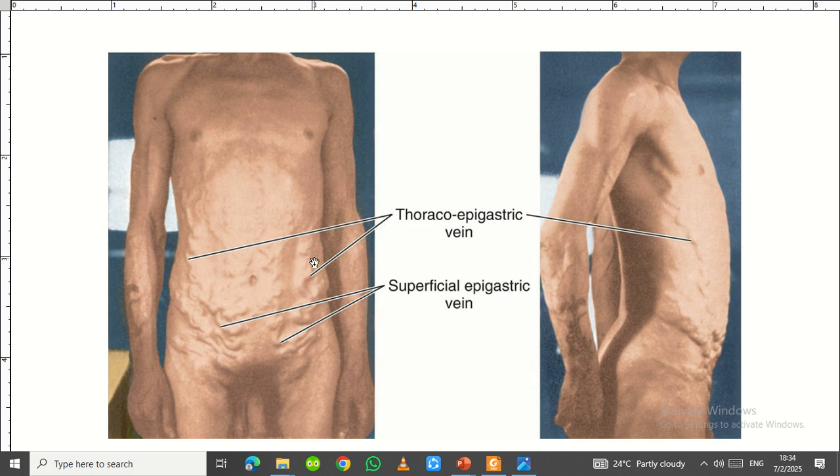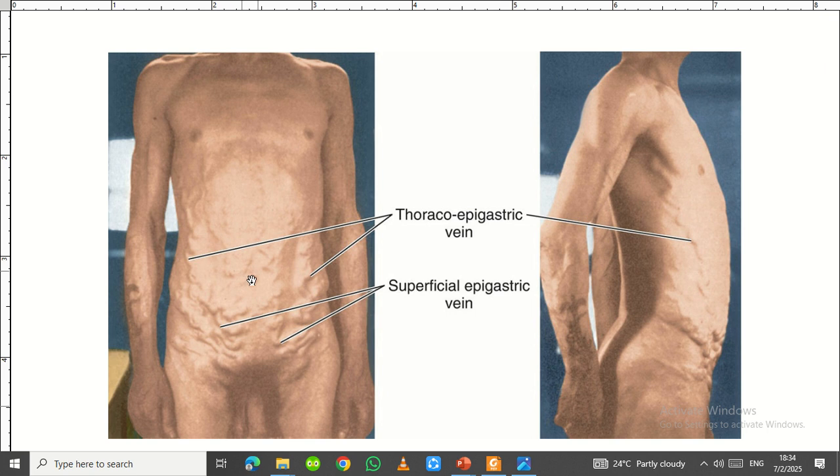You can actually see this is your thoracoepigastric vein, right? And because blood is now being reversed and draining into the lateral thoracic wall, you can actually see the lateral thoracic vein here draining into the what? Into the axillary vein, right? So this condition is caput medusae. You can actually see these dilatations.